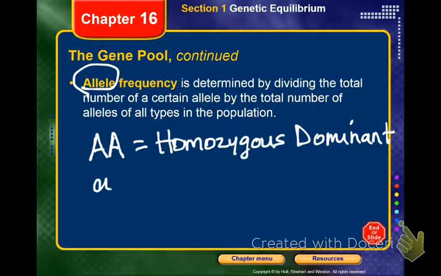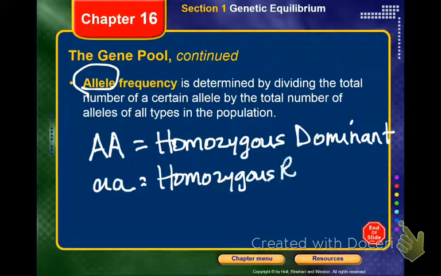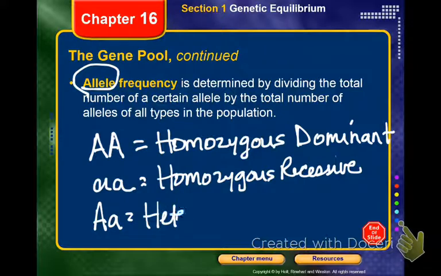And if you are carrying the 2 recessive traits, we're going to call this homozygous recessive. And there's one more variation, big A, little a, which is called... okay, you didn't really know what I was asking for when I first asked you. What are the different combinations called?